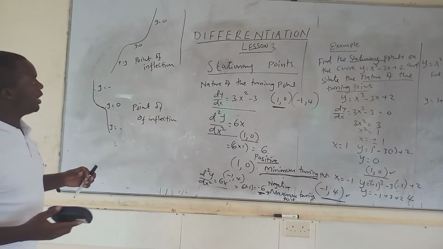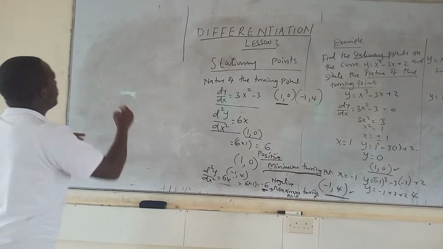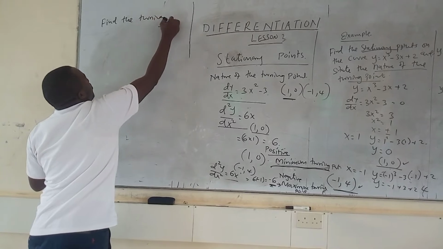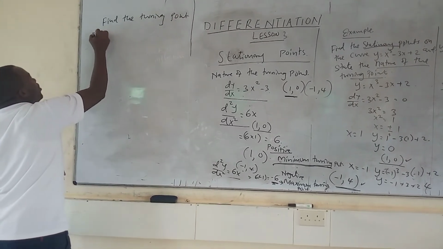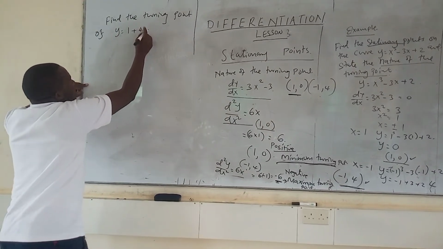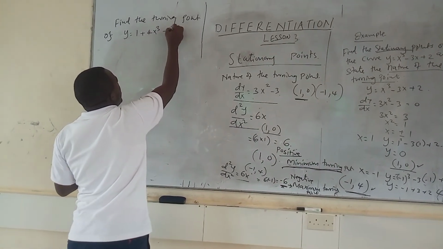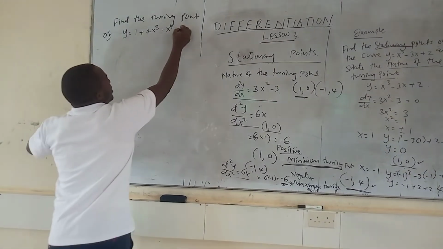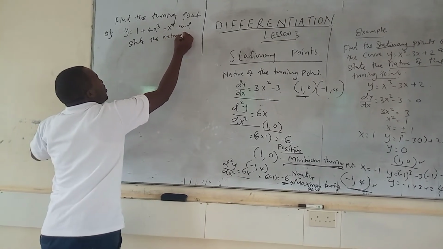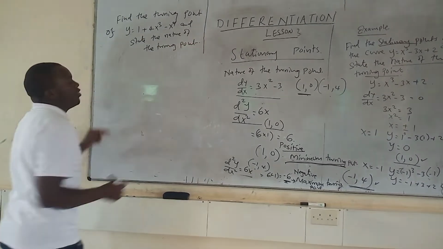So I want to do the next example, which is the last example for this case. We want to find the turning points of y equals 1 plus 4x cubed minus x to the power 4, and state the nature of the turning points.